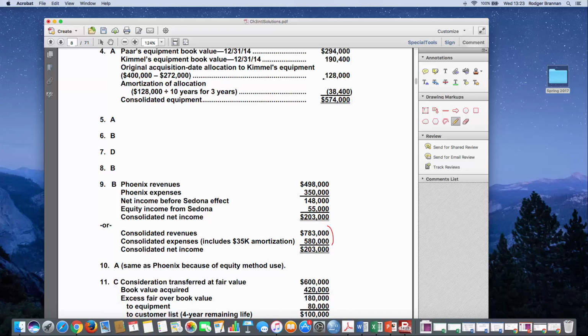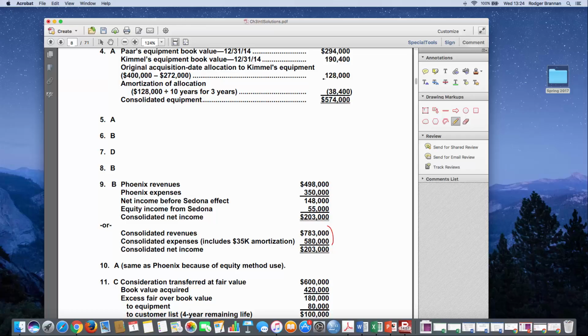Now, the 580 is a little bit overstated in the sense that you also need to go back and look with respect to the consolidation of Phoenix and Sedona, was that there were 2 specific assets that were understated. So one asset, namely the customer list, was understated by $80,000. And so that's going to be depreciated over 8 years or amount of $10,000 per year.